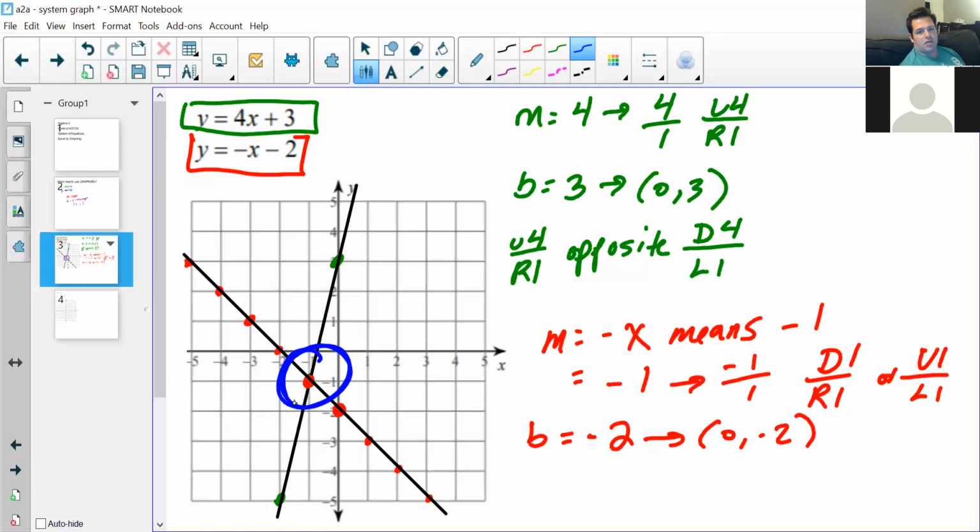That location for us here would be -1, -1. So the solution to this system of equations, the point that we could plug into both equations in order to see our two equivalent statements, would be -1, -1.